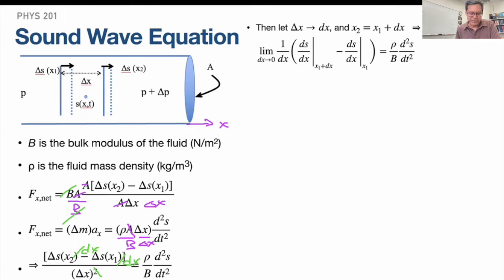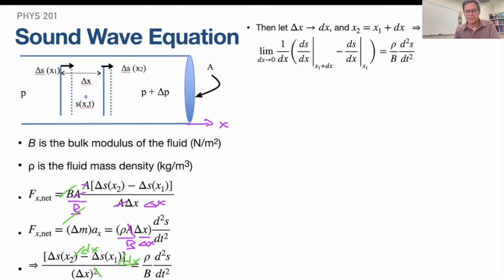So I have delta s over dx, or delta s over delta x, or ds over dx. So that's the first derivative of s with respect to x, minus the first derivative of s with respect to x, but they're at different positions. So I've indicated that here. ds dx at position x2, which was x1 plus dx, minus ds dx at position x1, just indicated there at position x1, but I had one more dx in the denominator. It was delta x that I'm letting become dx.